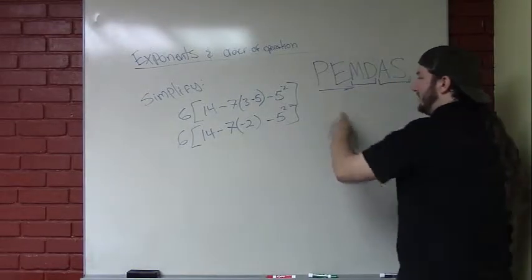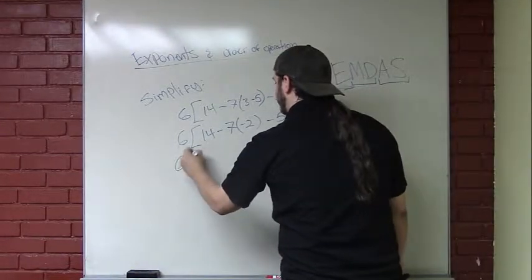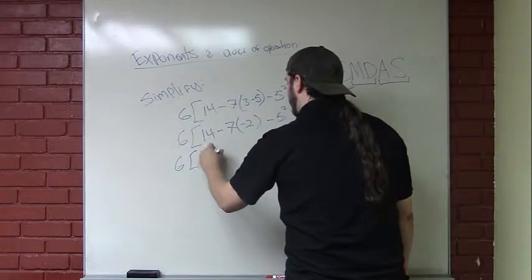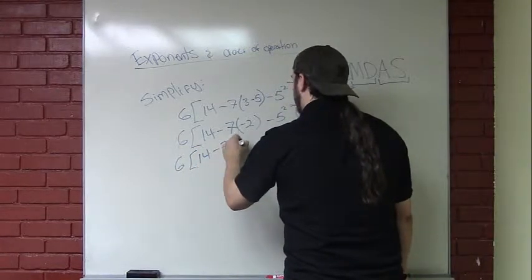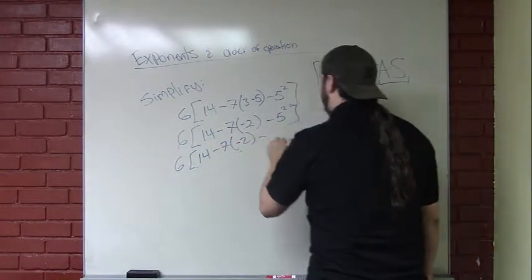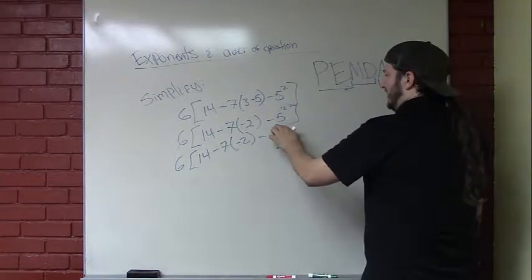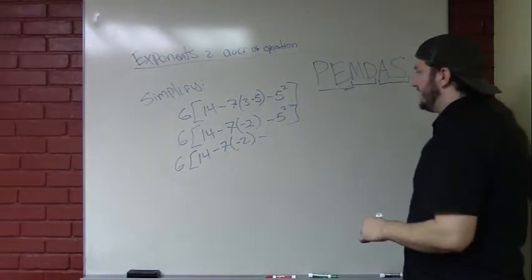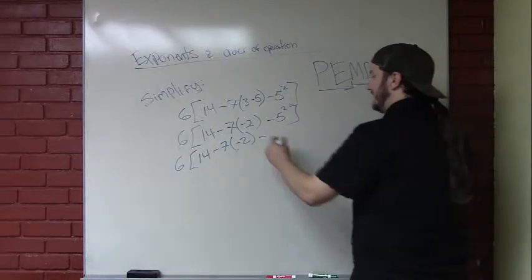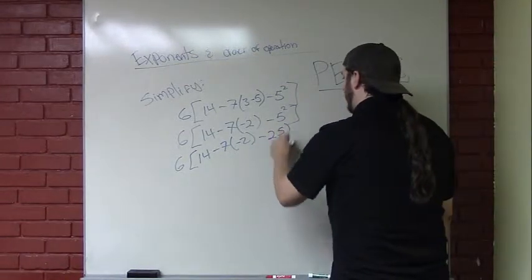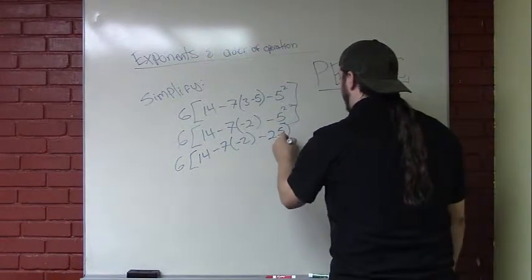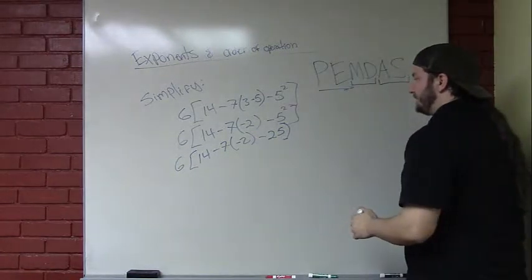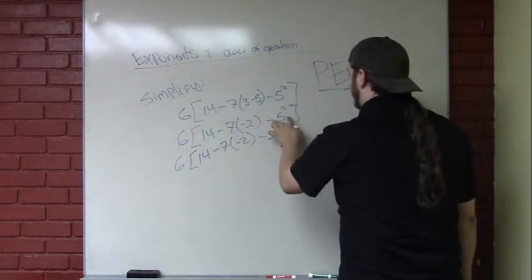So, exponents. Got our 6 out here still. 14 minus 7 times negative 2 minus, what's 5 squared? 5 times 5 is 25.